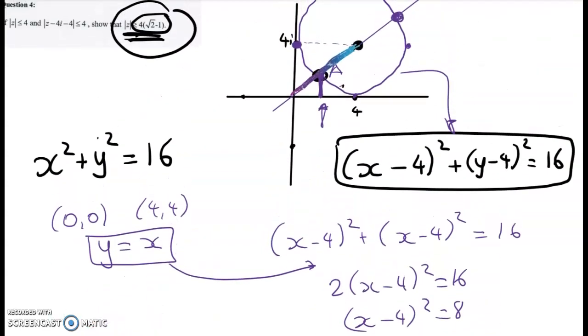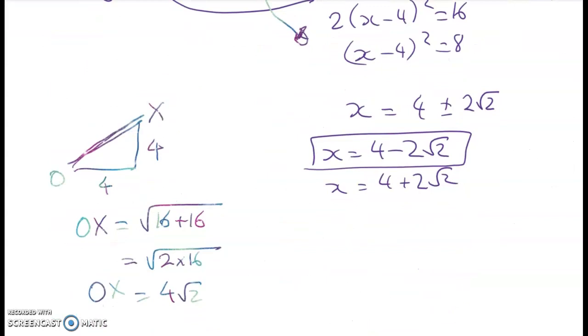And then what do I know about OA? Well, I don't know directly about OA, and that's why I was going down this pathway here, which is totally unnecessary. But what I know about AX is that it's the radius of that circle, which is of length 4. So we know that OA is equal to OX minus 4, since it's a radius.